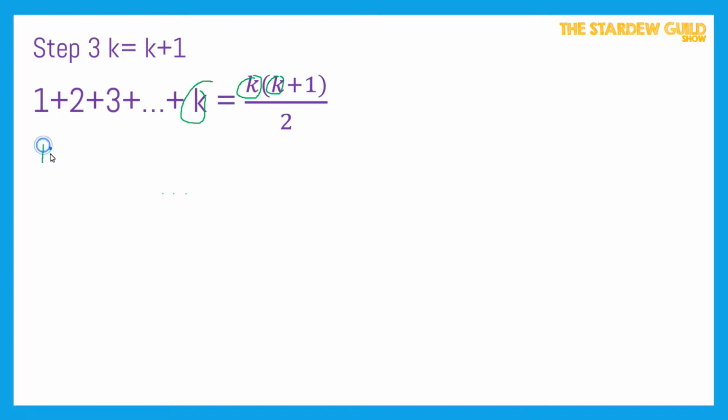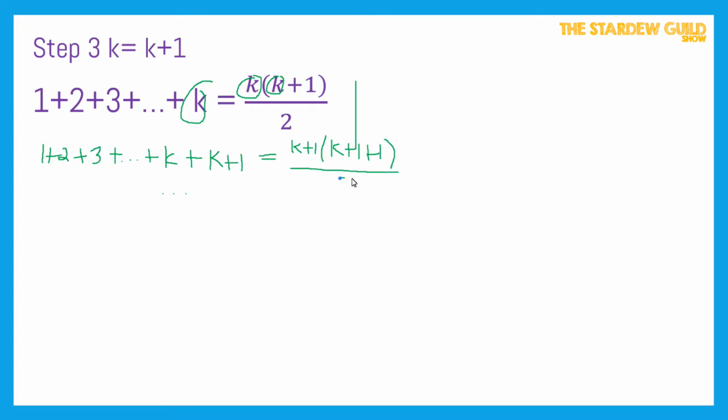So 1 plus 2 plus 3 plus k, change all of the k's into k plus 1, so plus k plus 1 is equal to k plus 1 multiplied by k plus 1 plus 1 over 2.